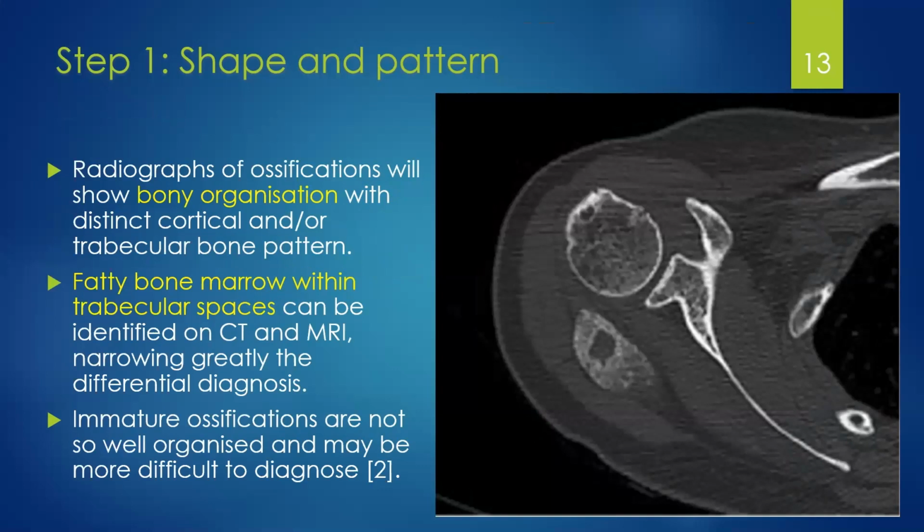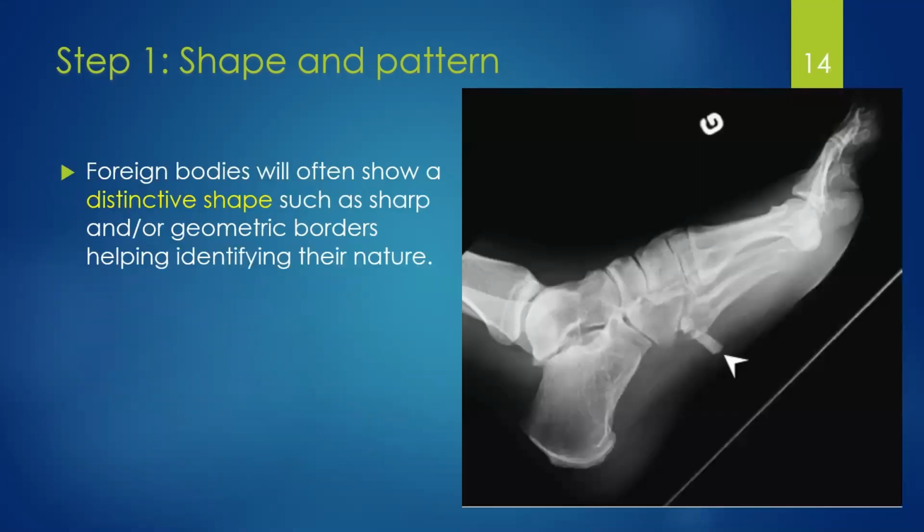Fatty bone marrow within the trabecular spaces can be identified on CT and on MRI, narrowing greatly the differential diagnosis. Immature ossifications are not so well organized and may be more difficult to diagnose. Foreign bodies will often show a distinctive shape, such as sharp and or geometric borders, helping identify their nature.